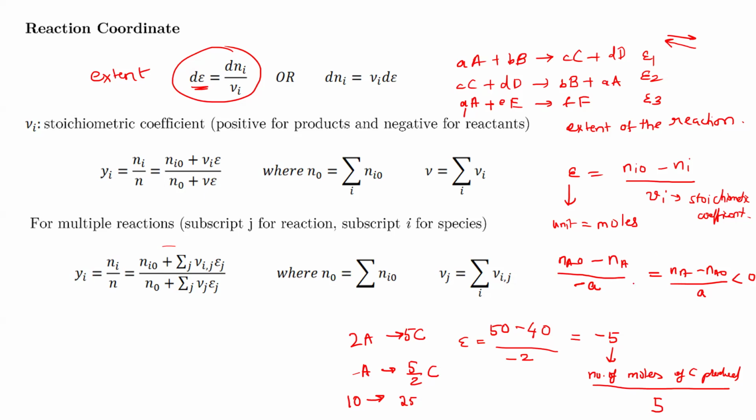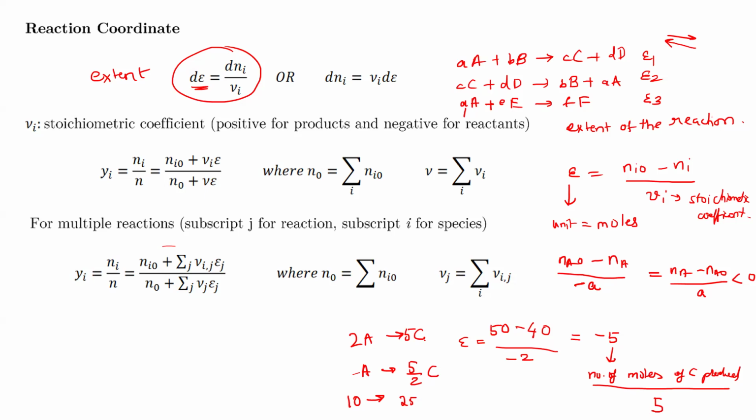So what role does this stoichiometric coefficient play here? To understand that, assume there is a reaction 2A gives 5C.